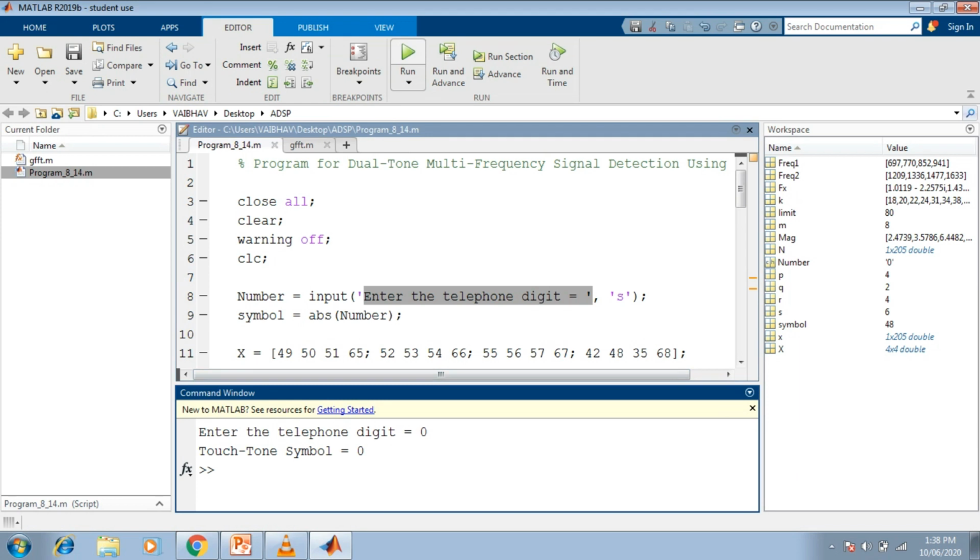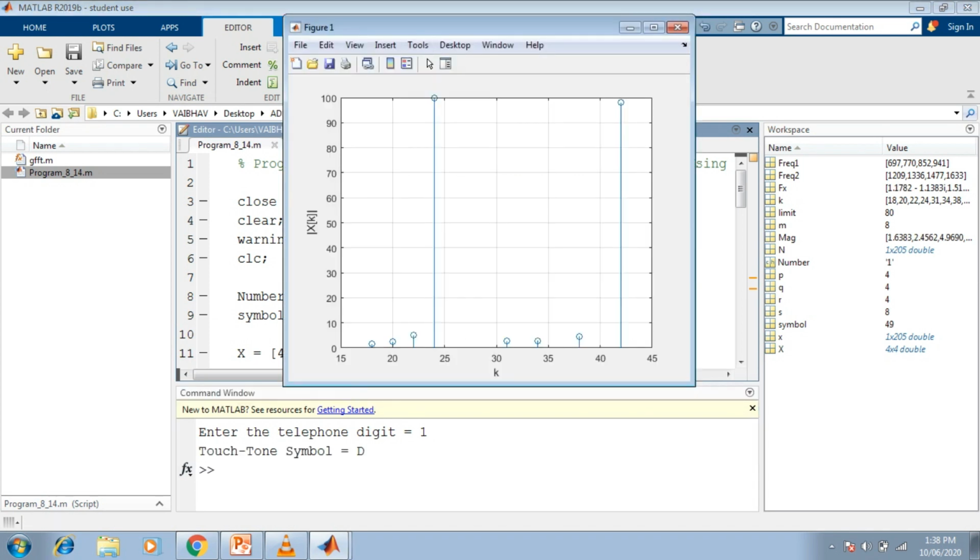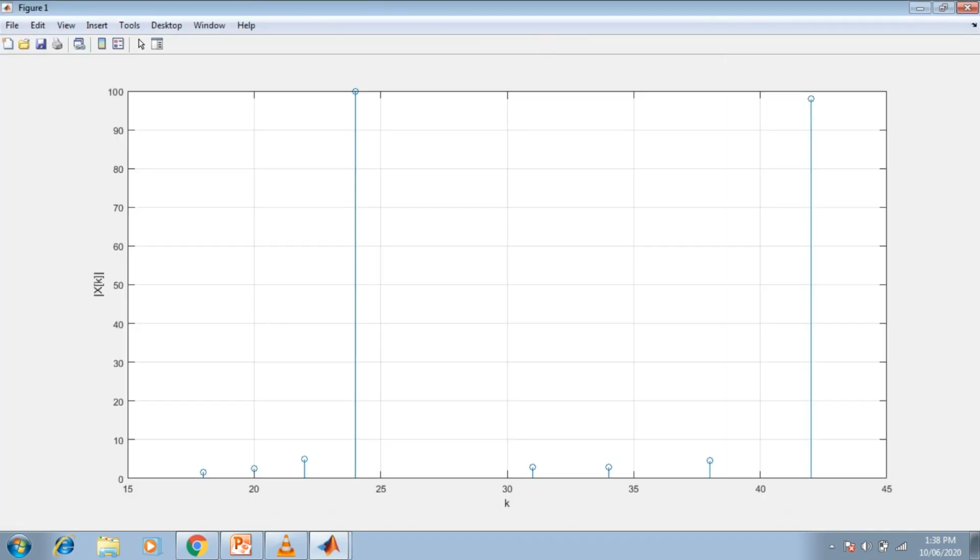I run this program once again. This time I enter the value 1 instead of 0, as the digit dialed from the telephone pad, and again we obtain two components, plotted in this figure. The first prominent component holds the magnitude 100, prior to k equal to 25 approximately.